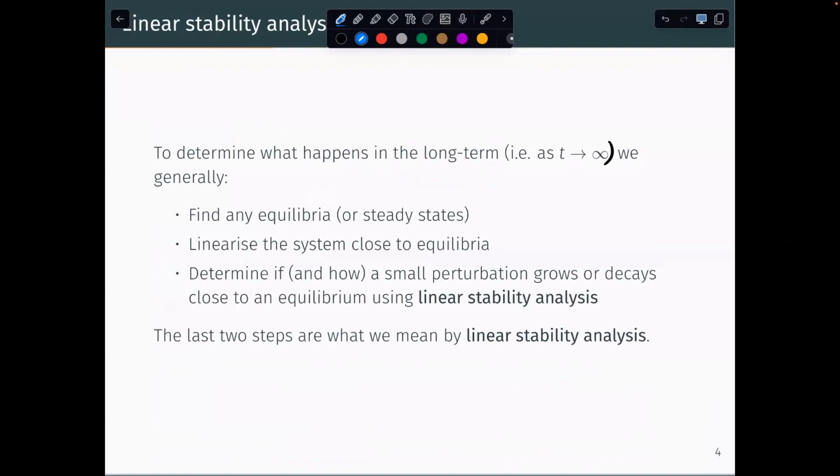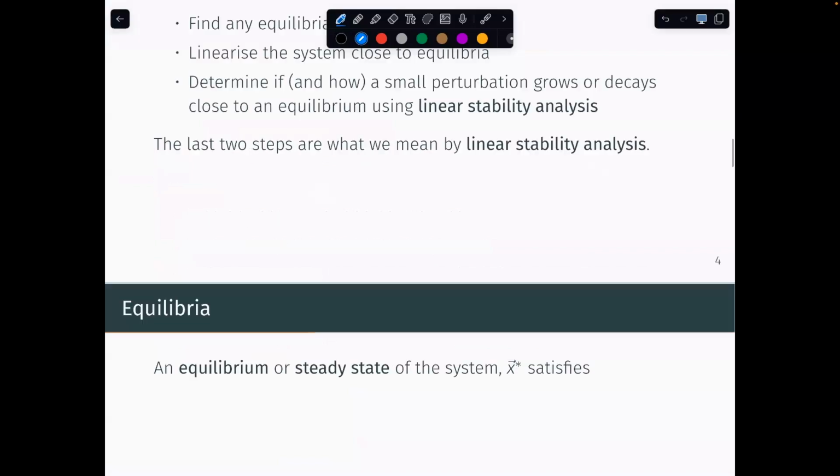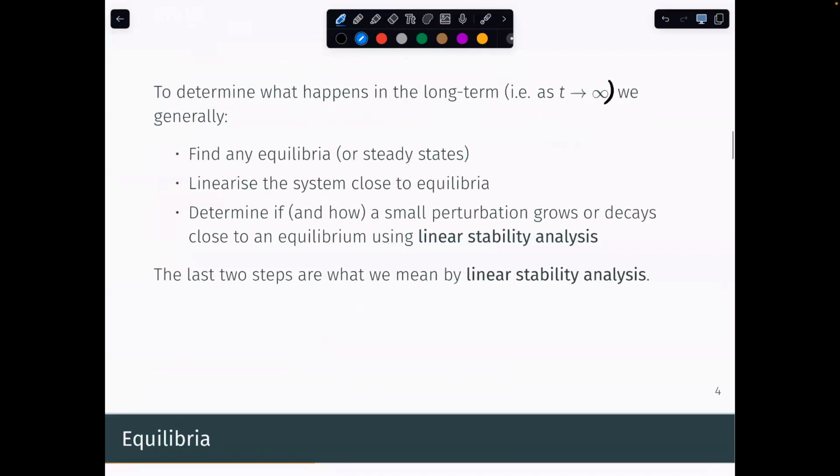And then using that linear system, we say, okay, what happens close to that equilibrium? What happens if there's a small perturbation away from that equilibrium? Does that perturbation tend to grow with time, or does it decay? And this stage here is our linear stability analysis. Really, the linearization step is included in that as well.